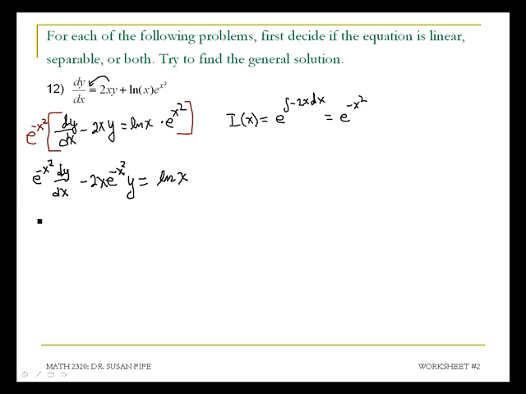Now, once you introduce that integrating factor, these two terms that you're left with on the left side can be rewritten as a single derivative. You can have the derivative with respect to x of e to the negative x squared times y, and on the right side we just copy down the natural log of x.